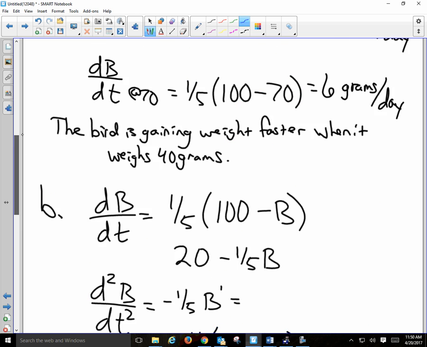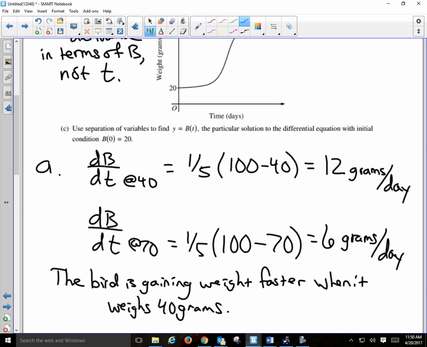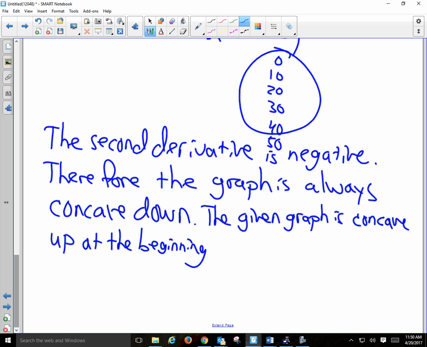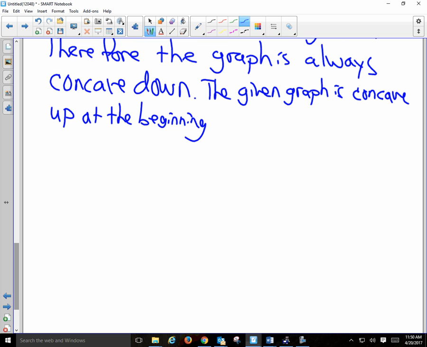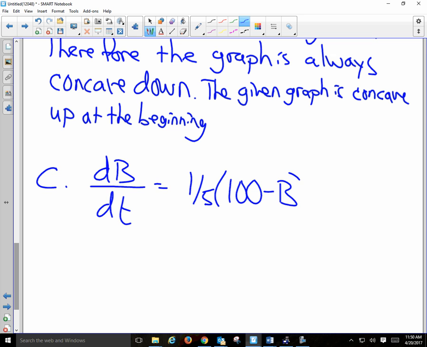Okay. Part C says use separation of variables to find the particular solution. That should be right up your alley.